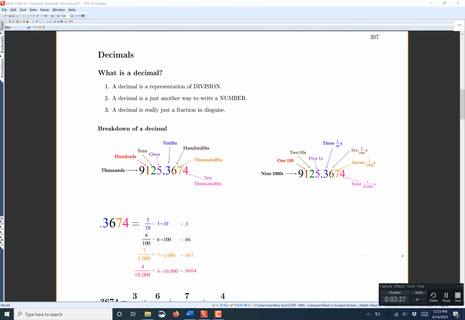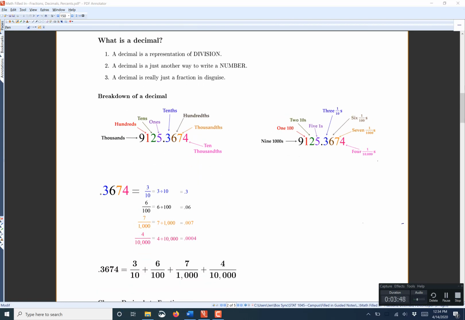If you were to look at just the decimal part of it, the 0.3 would be 3/10ths, or 3 divided by 10, or 0.3. And you also have 6/100, 0.06, 7/1,000, and 4/10,000. If you put all of that together, you get that 0.3674 is really 3/10ths plus 6/100 plus 7/1,000 plus 4/10,000.